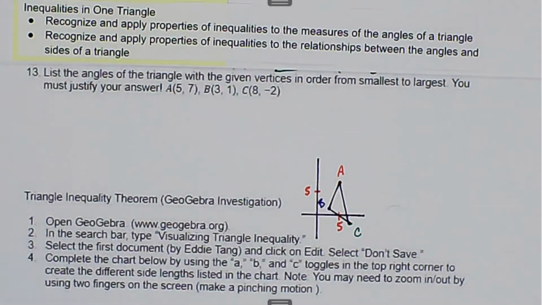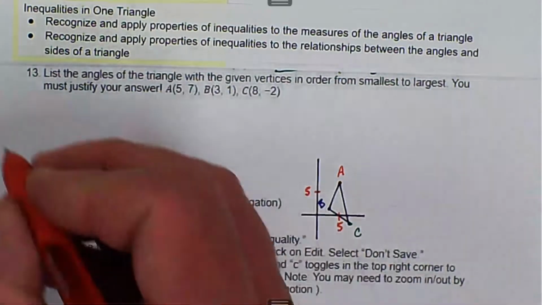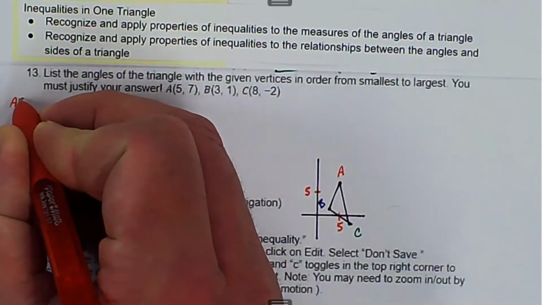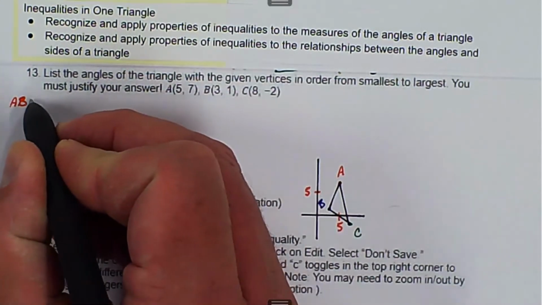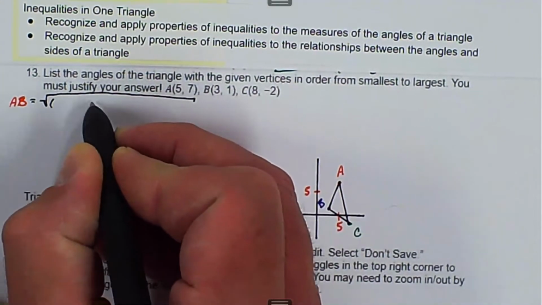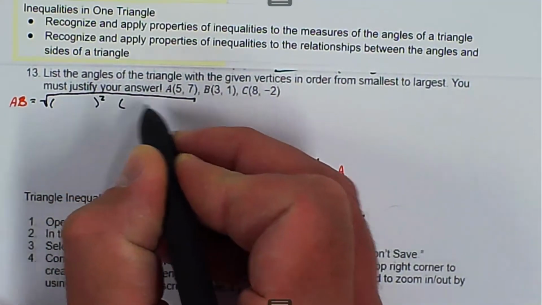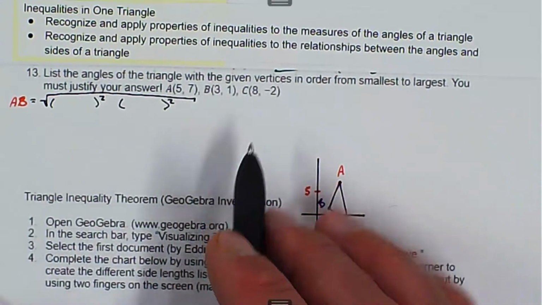So we want to find the distances. The first distance we want to find is the distance from A to B. We have to remember the things that are never going to change in the distance formula: our large square root, our 2 parentheses that are both squared, and we have 4 dashes to make, but we need to make 3 signs.